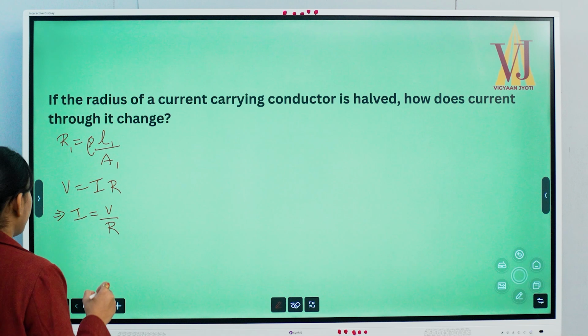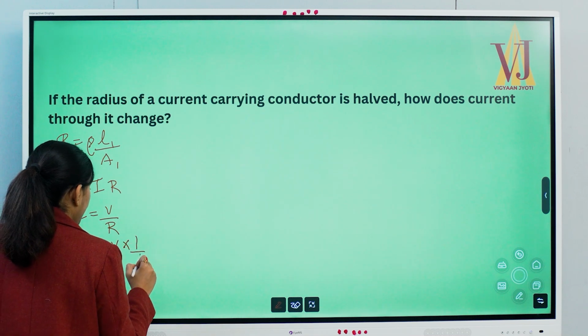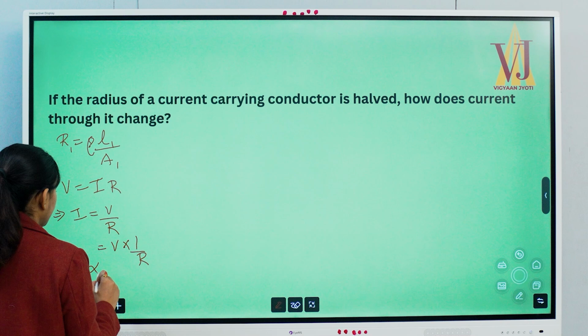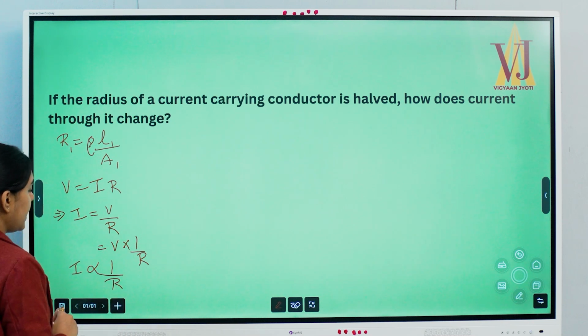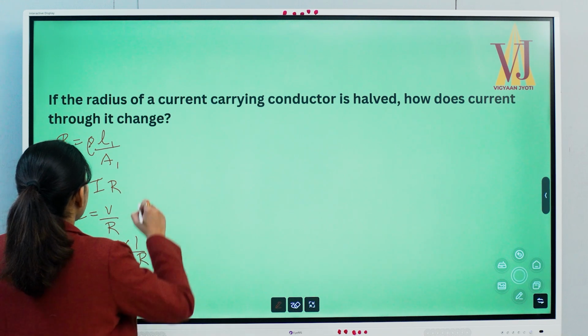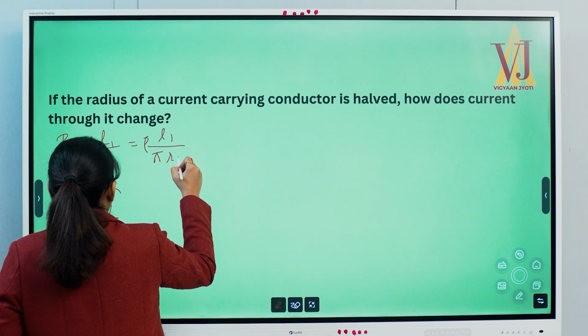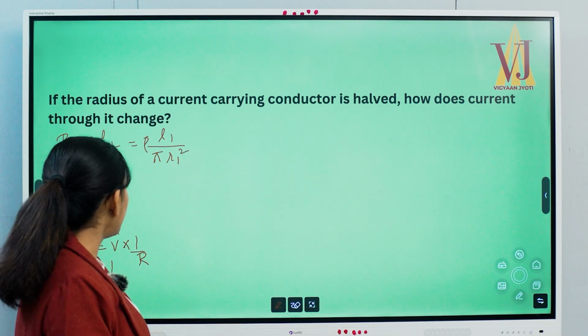Clear? V by R. So that means I will be inversely proportional to R. Okay, this is what we can establish. First of all, let us see the original case. In this case R1 will be rho L1 by pi R1 square. Clear? This is what we have.